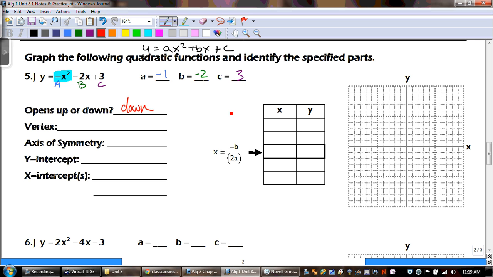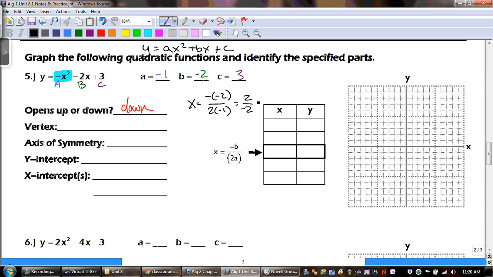Now, the next thing we need to find is our vertex, where we take the opposite of b over 2a. So the opposite of -2, over 2 times -1. You can figure that in your head. The opposite of -2 is 2. 2 times -1 is -2.